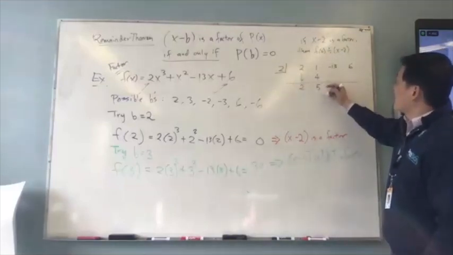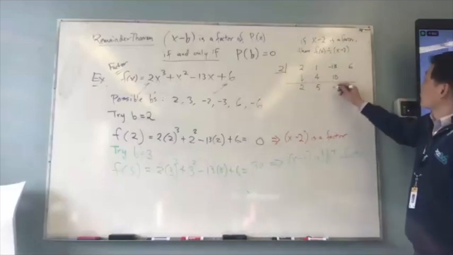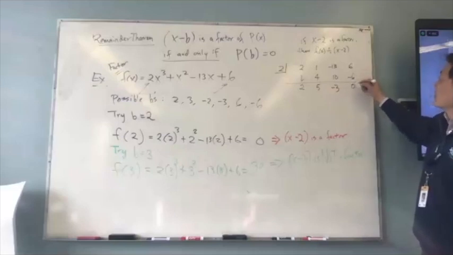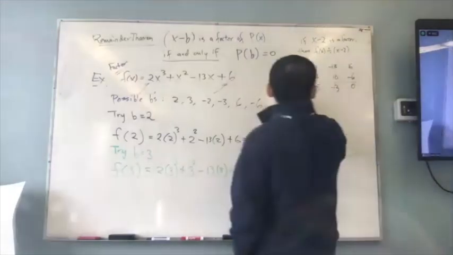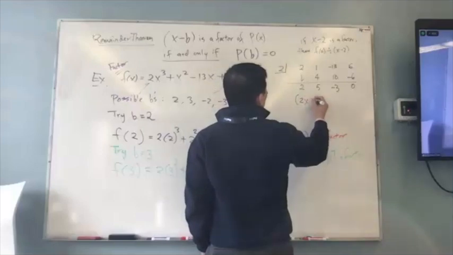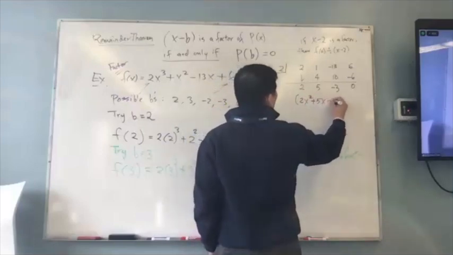This gives you 5. 2 times 5 is equal to 10. This gives you negative 3. 2 times negative 3 is negative 6. Gives you 0. No remainder. So your final factor is 2x squared plus 5x minus 3.